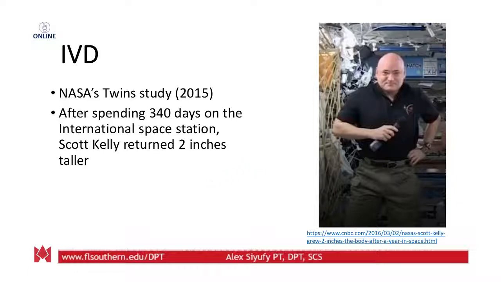He came back to Earth, and as you can see here, saw his identical twin brother, and he was 2 inches taller when he came back. Wouldn't that be cool? But the rest of the story is that just 2 days later, after being on Earth's gravitational pull, he returned back to his normal height.